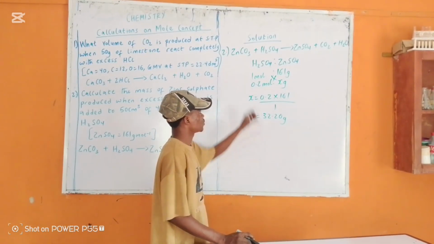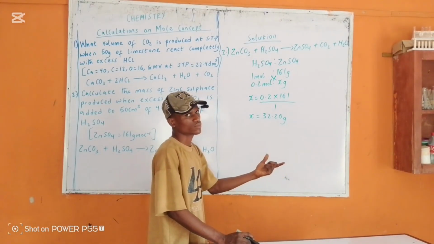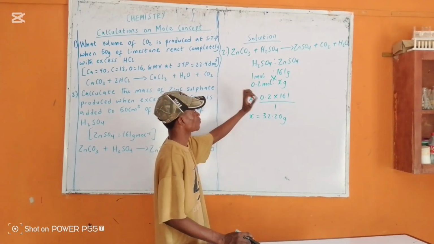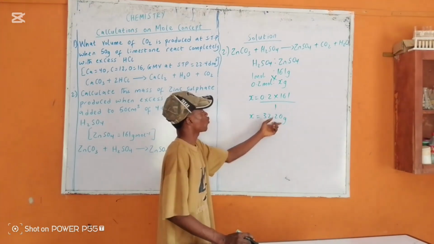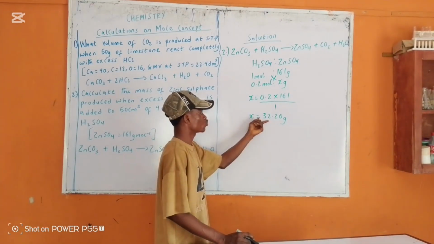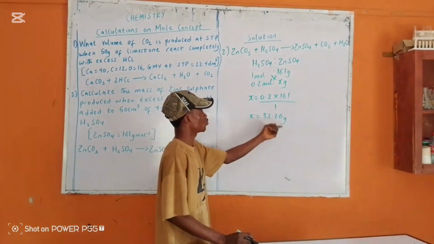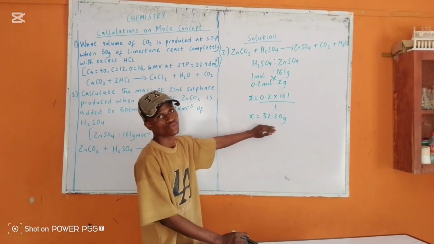When we make use of 0.2 mole, which is much smaller than 1 mole, we get a smaller mass of zinc sulfate produced, which is 32.20 gram. So that is the final answer for number 2.